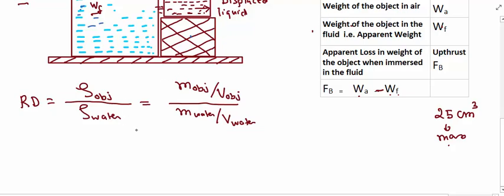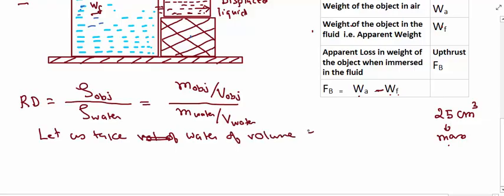Therefore, for the sake of simplicity, let us take water of volume equal to volume of the object.